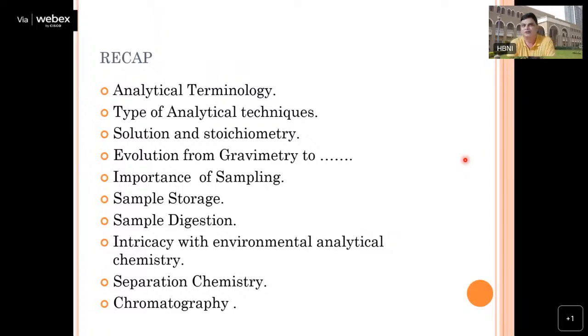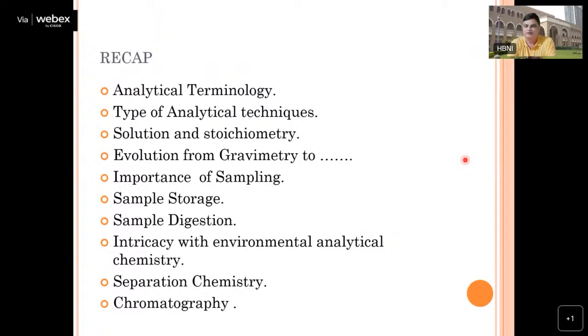And then we discussed the various analytical techniques. There are basically three major analytical techniques. One is the absolute methods. An absolute method is a method which does not depend on standard reference materials; you can just do the chemistry and then get the quantification of that particular analyte.